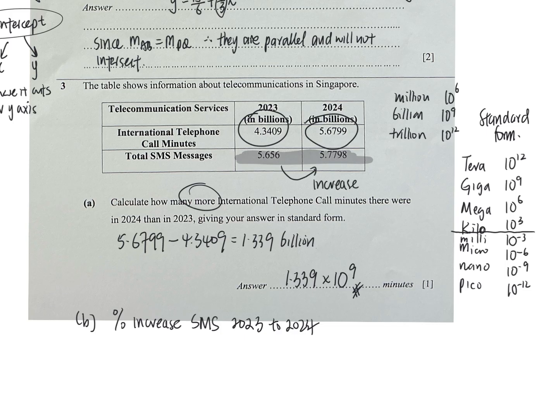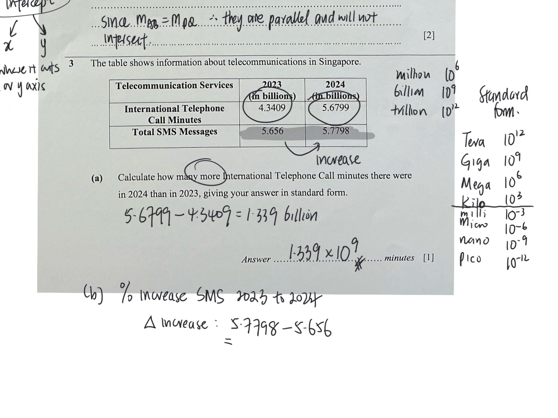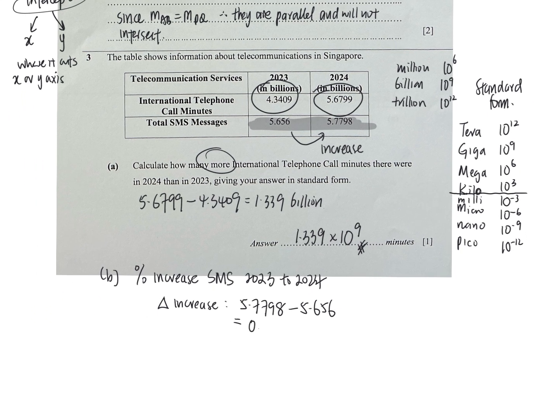First of all, you need to find the change. The increase is 5.7798 minus 5.656. What is it? 0.1238 billion. So even if you don't know the billion is times 10 to the power of what, it doesn't matter, because later it will cancel out.